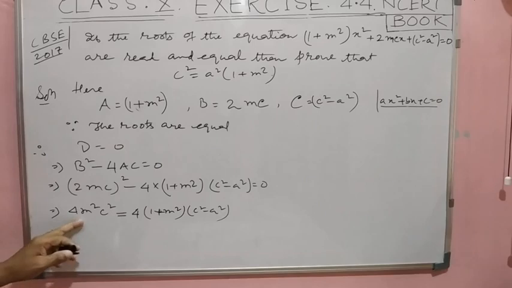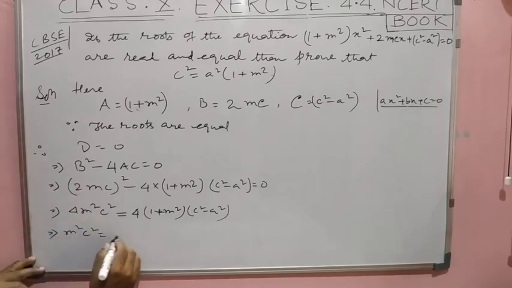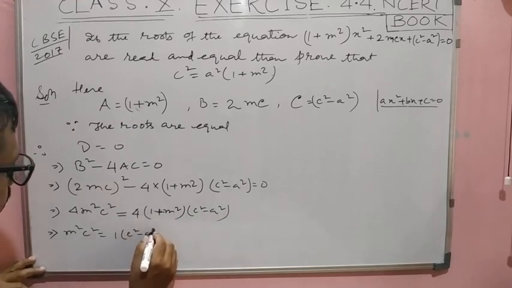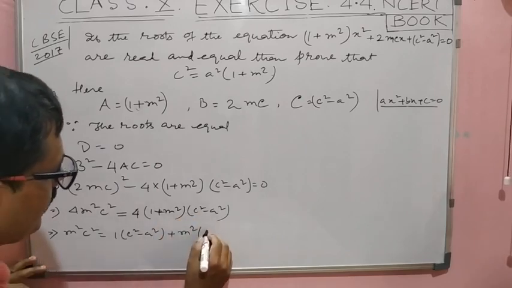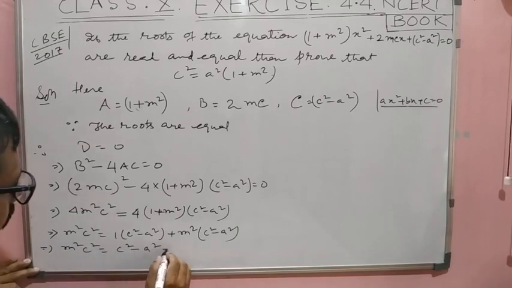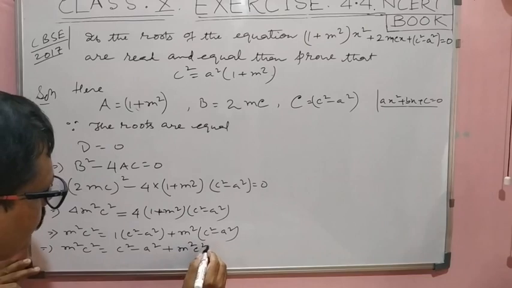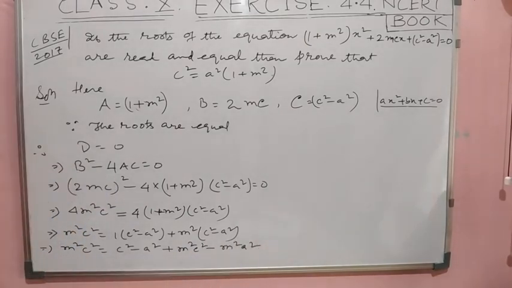Now this 4 cancels from both sides, it will be m square c square, and multiply this two again, 1 into (c square minus a square) plus m square multiplied by (c square minus a square). So now we get here c square minus a square plus m square c square minus m square a square. On multiplication we get this one.